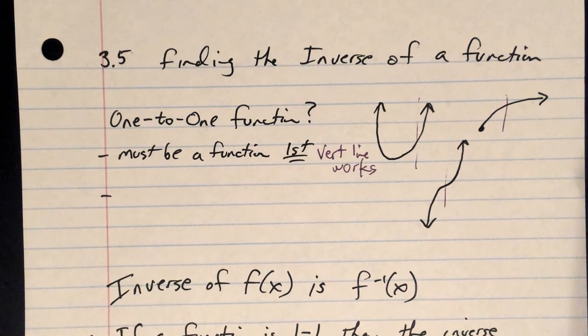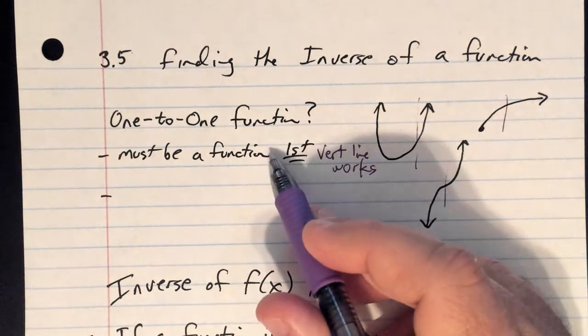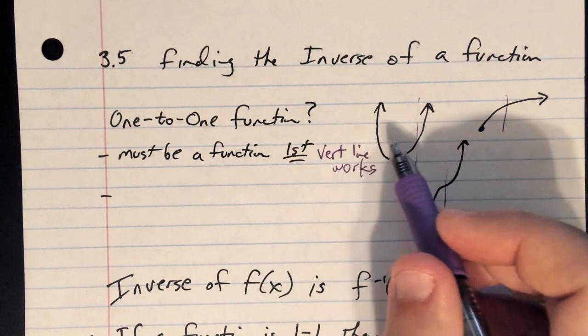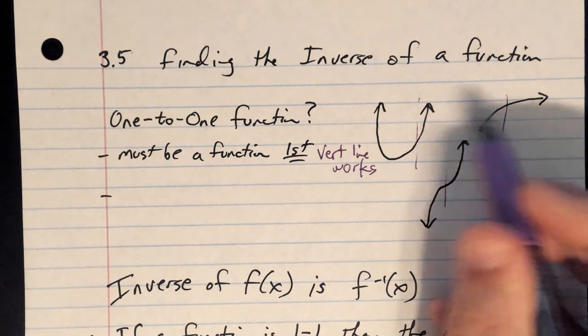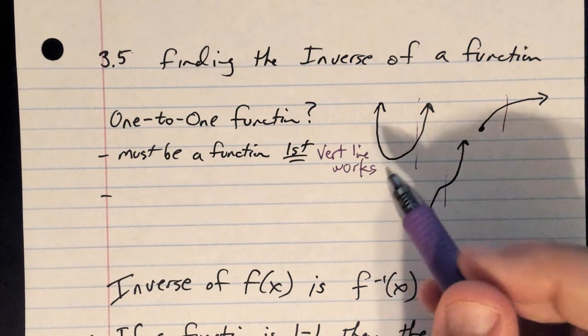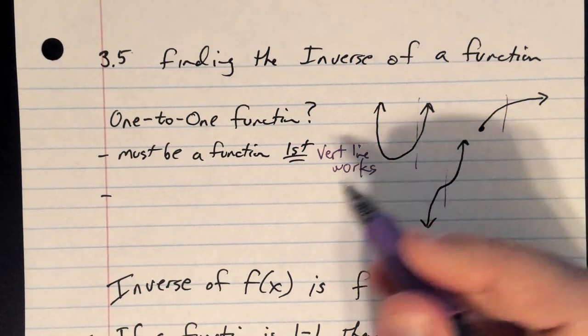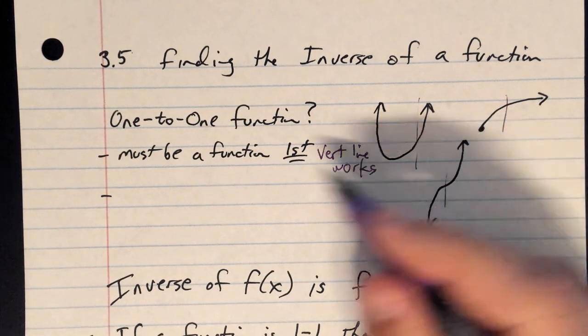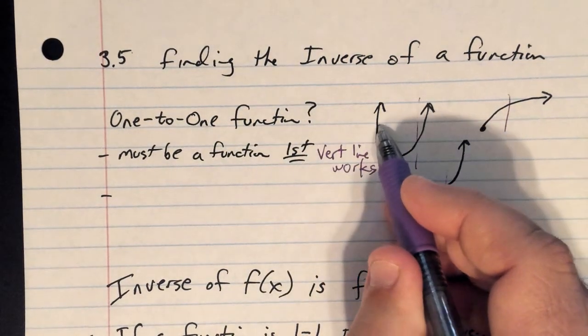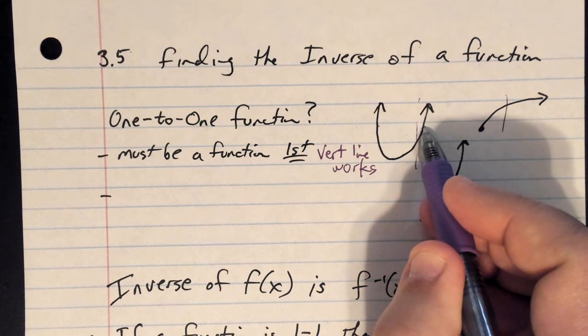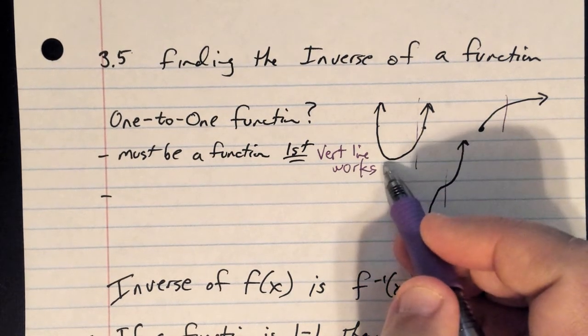Now, what makes something a function is that for every x there's exactly one y. But that doesn't mean you can't have the same y for two different x's. Like here, these 2 points would have the same y for two different x's, which is fine.